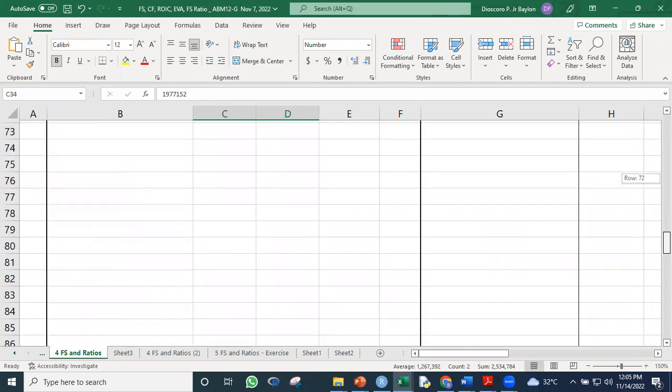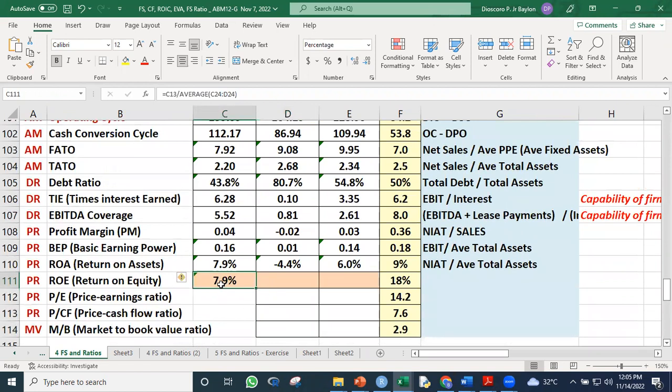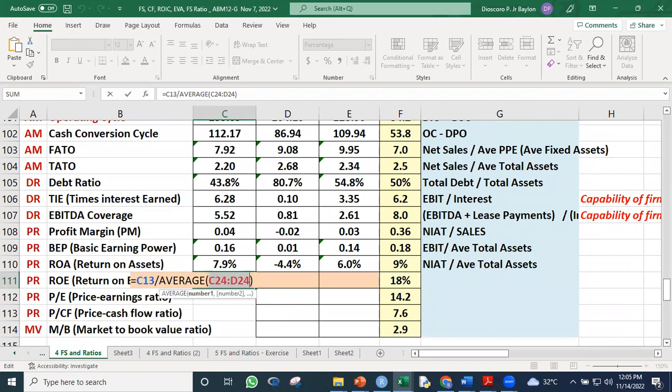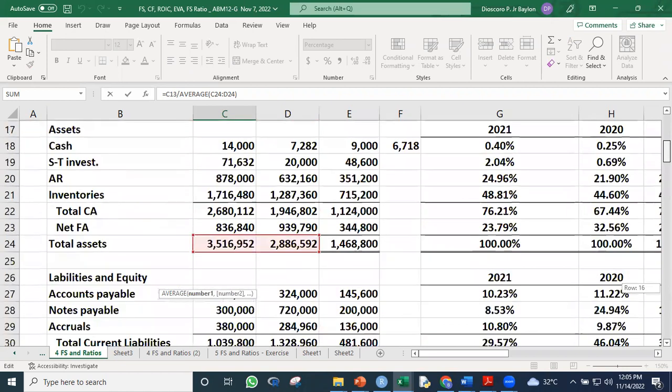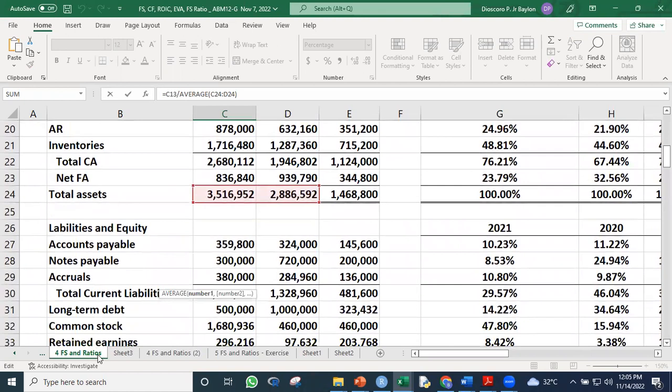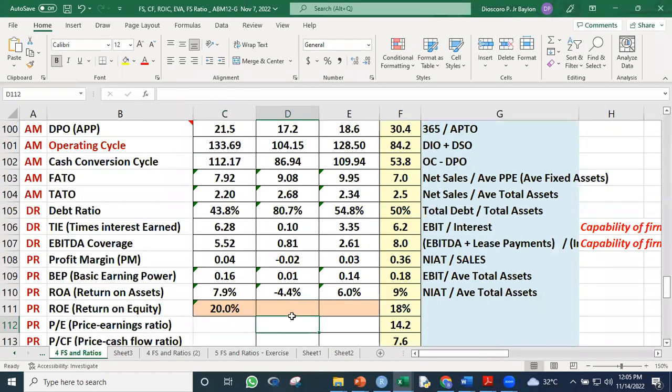Ay, what happened there? Mali. C24 ba? D24? Tama. Yan. Ay, no. Total assets yung nakuha ko. Dapat total equity. This one. Okay.